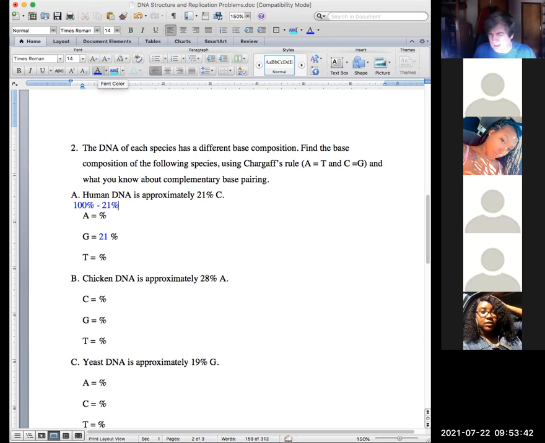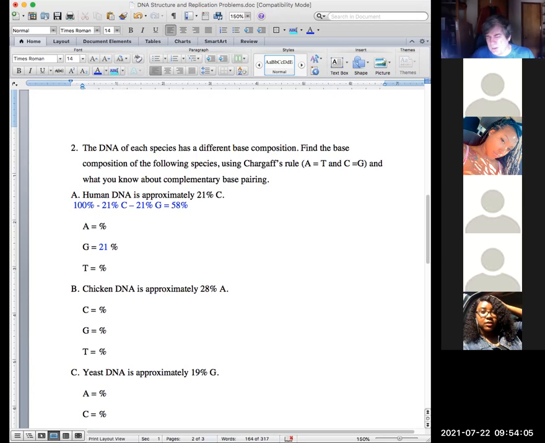If our DNA is 21% C and 21% G, I can subtract those from 100%, the total amount of the DNA, and figure out how much is left: 58%.